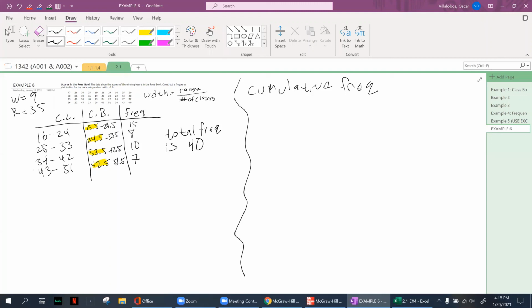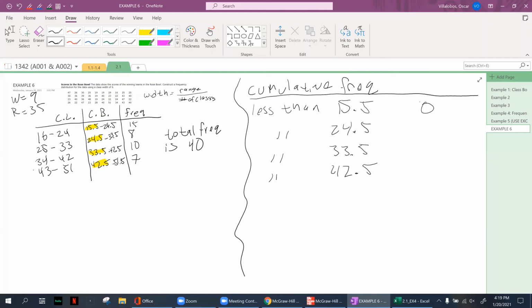So we said less than 15.5, less than 24.5, less than 33.5, and less than 42.5, right? Anything less than 15.5, well, there's none of that, because our data only says between 16 and 24 is 15. So there's nothing there.